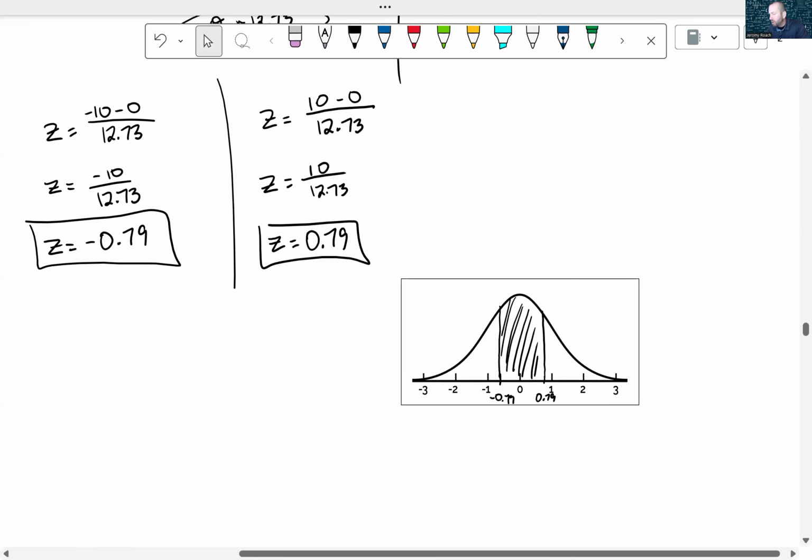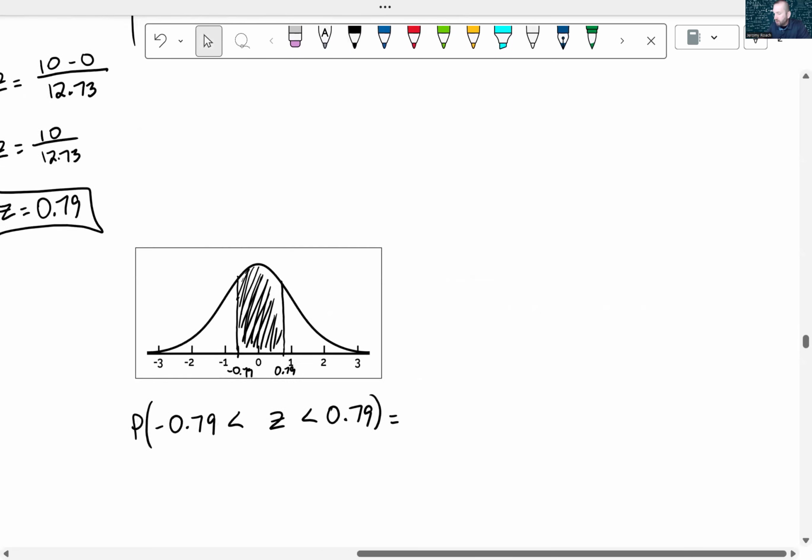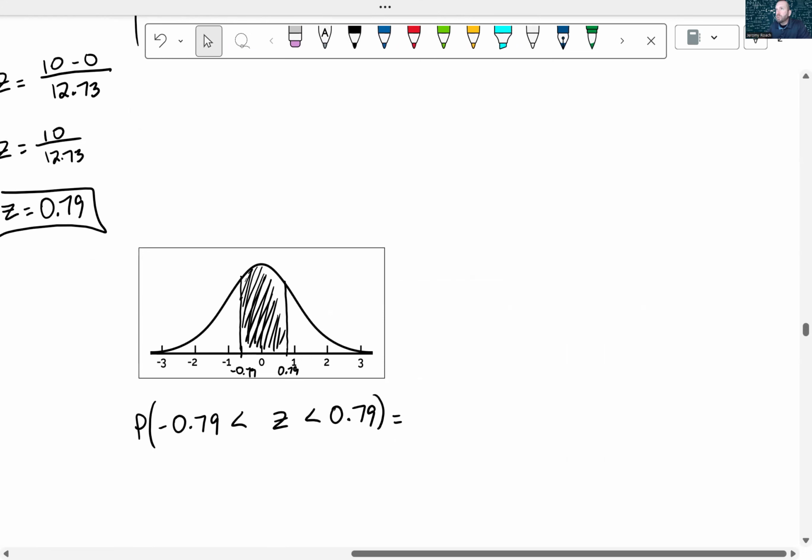Okay. So we would use our z table to figure out what these are, but first let's do some quick review on this. So to find this black region, we are going to write this like the probability that our z-score is between -0.79 and positive 0.79 is equal to, we're going to say 100%. Let me scoot this over.